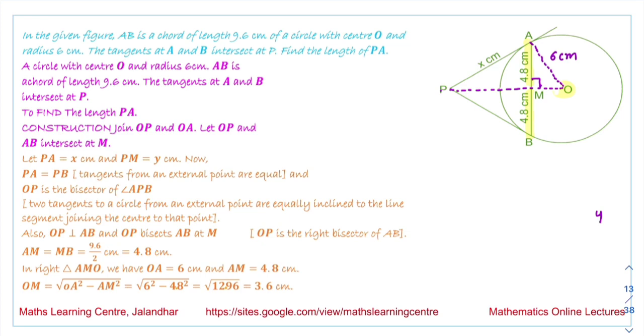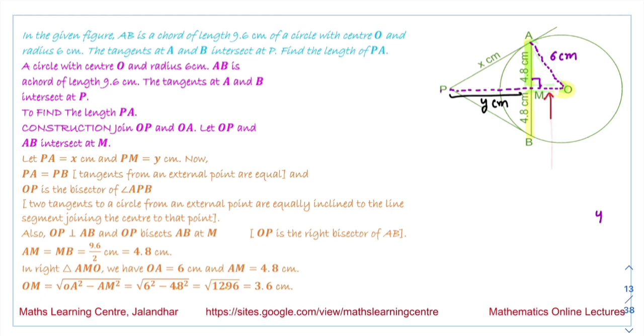Suppose the length PA is equal to x, and the length PM, this portion over here, is equal to y centimeters. Now we are considering this triangle AMO.